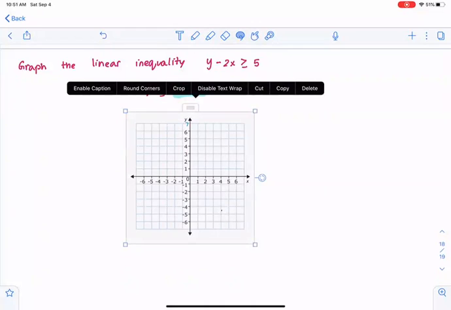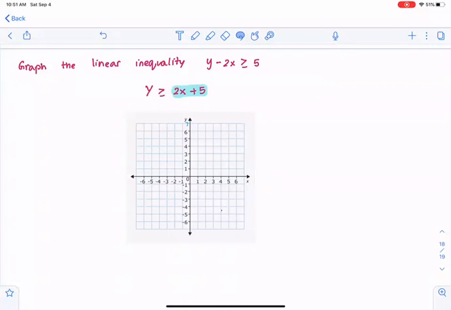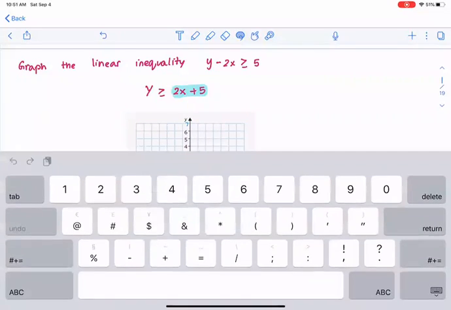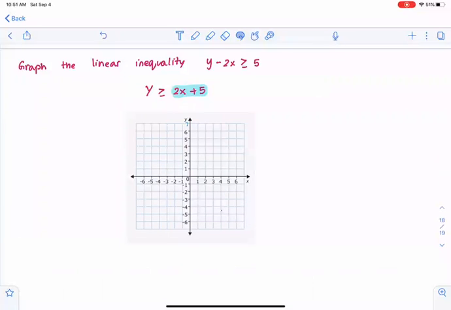It is time to graph the inequality. We need 2 points to draw a line. Well, we've got 5 already because 5 is the y-intercept. I see an equal there, so I could put a closed dot and draw a solid line.